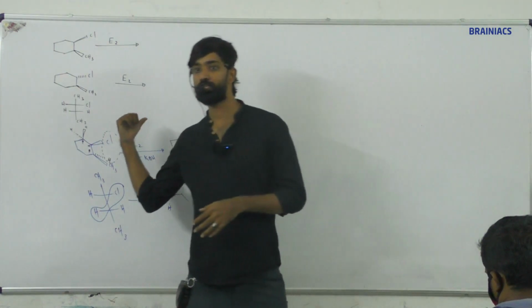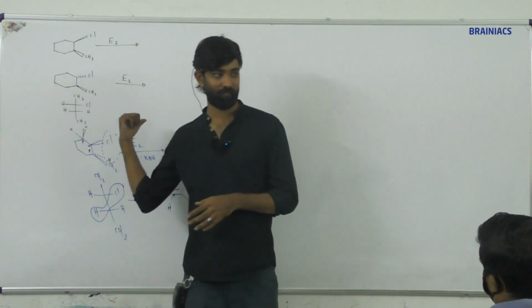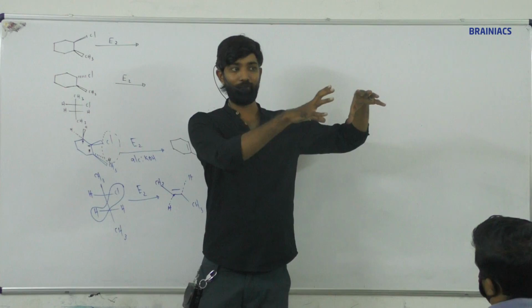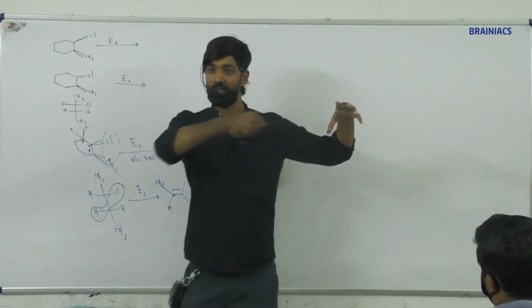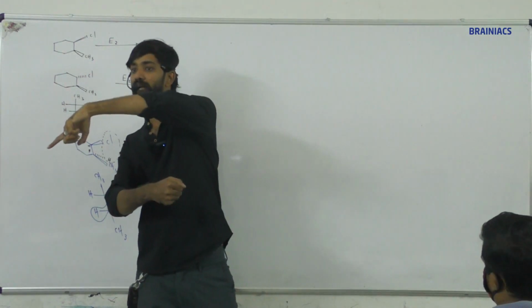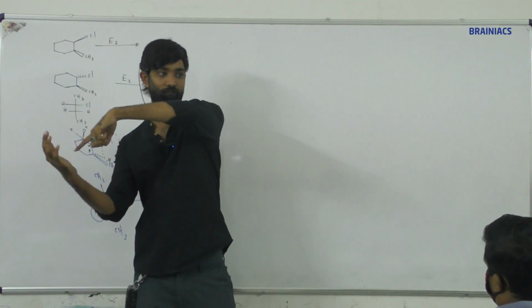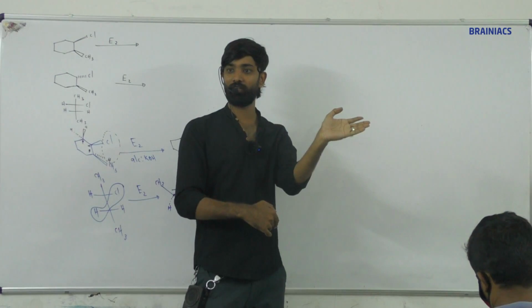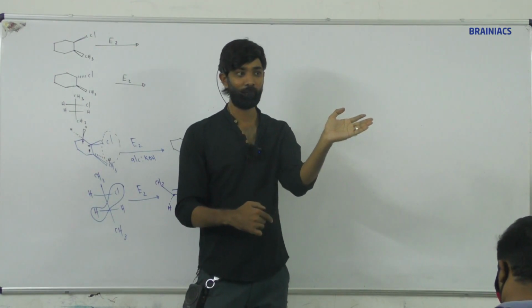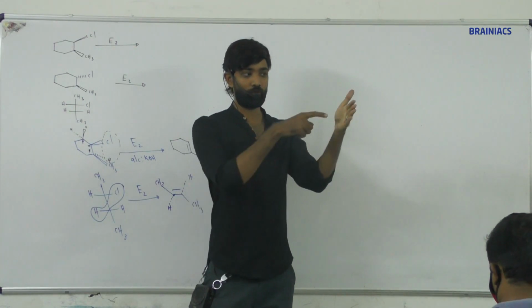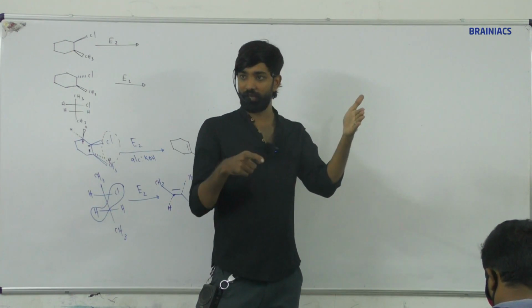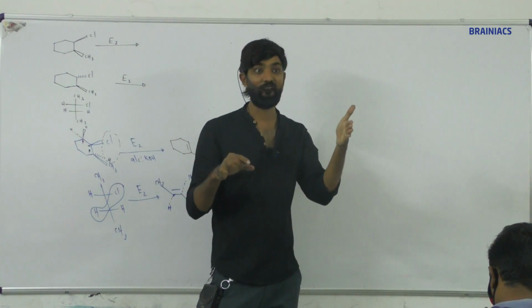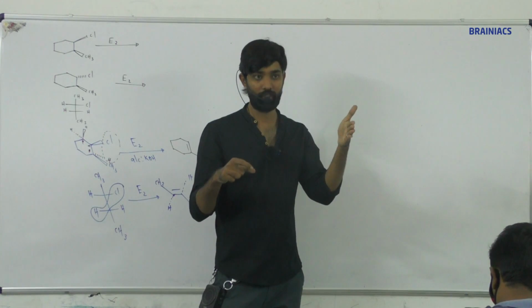What about the previous reaction? This is the previous reaction. We have vicinal dihalide. Dehalogenation forms alkene. Now the reverse: alkene on halogenation forms vicinal dihalide. Vicinal dihalide on dehalogenation forms alkene, which is a trans elimination.